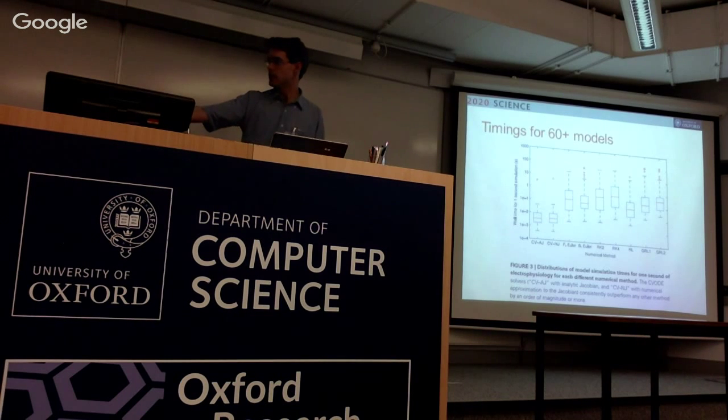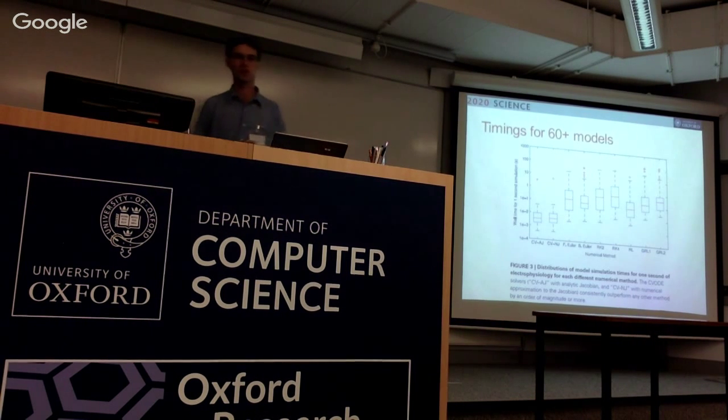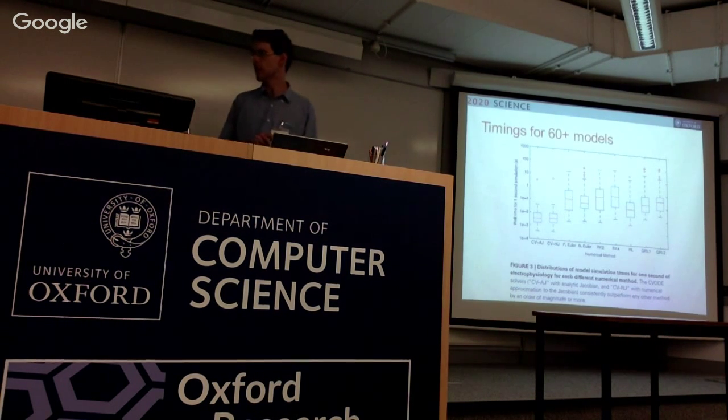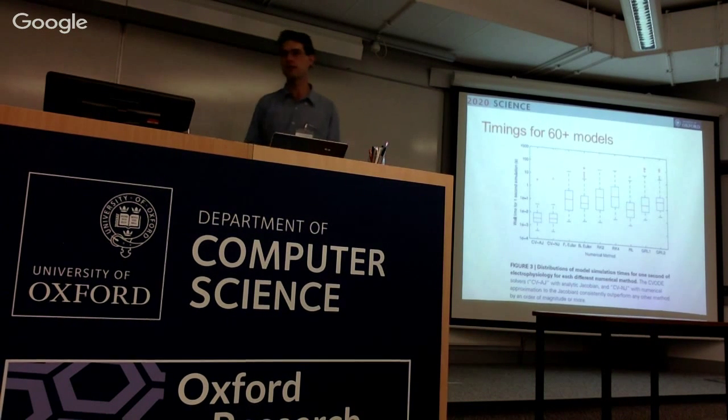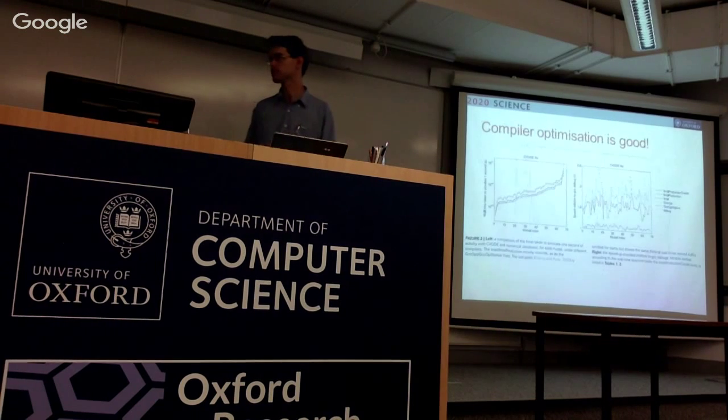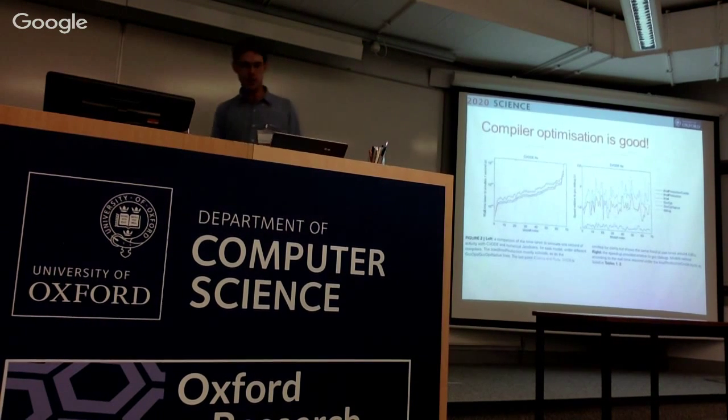The two variants of CVODE here are CVODE with an analytic Jacobian supplied and with a numerical approximation to the Jacobian. And analytic is slightly faster, but not by a significant amount. Compiler optimization is good, as you might expect.